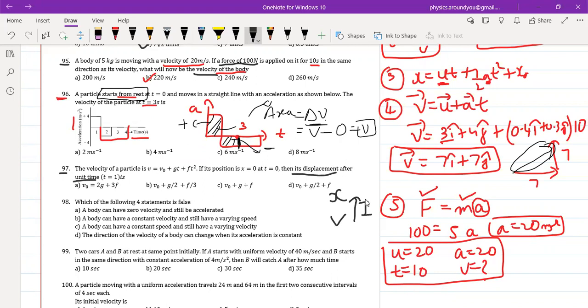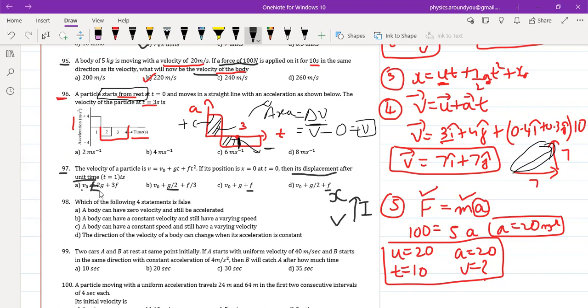Look at all the options. Every option has v naught, v naught, v naught, v naught in it. The only differentiating factors are, here it is f, here g by 2, and here 2g.